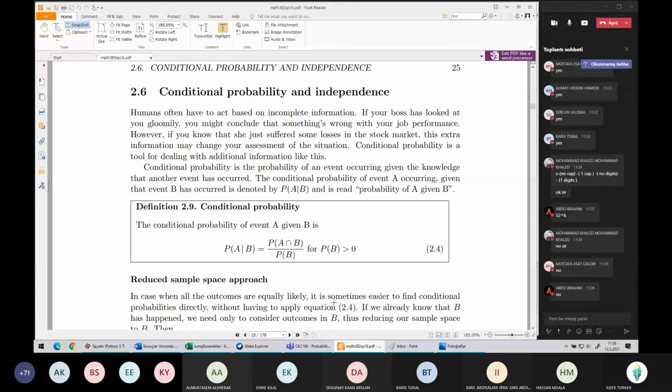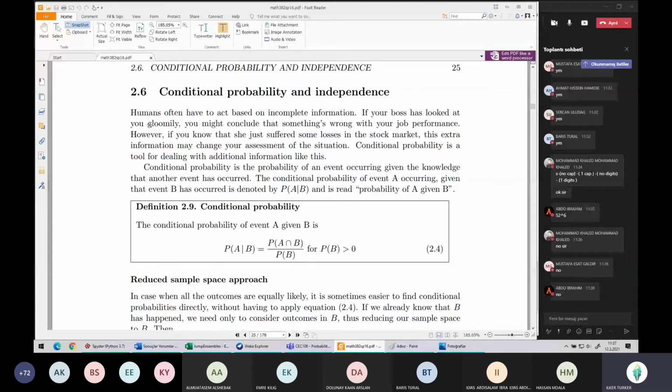Conditional probability and independence. Humans often have to act based on incomplete information. If your boss has looked at you gloomily, nervous, you might conclude that something is wrong with your job performance.